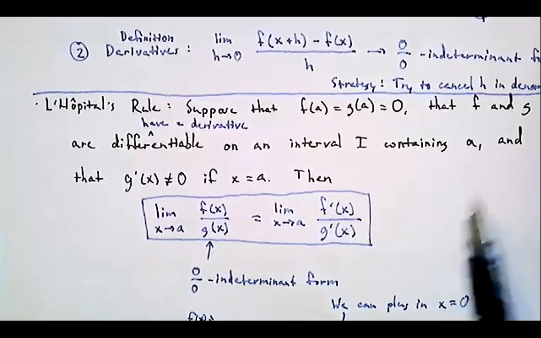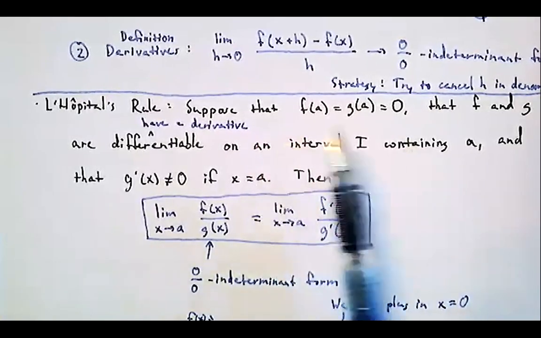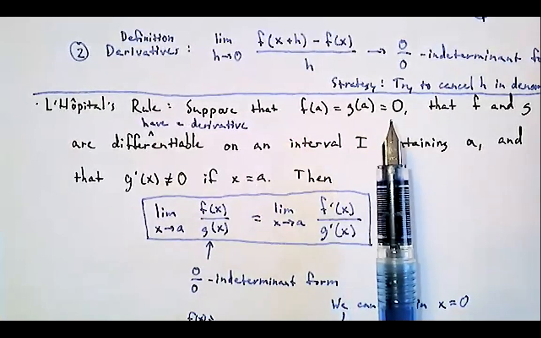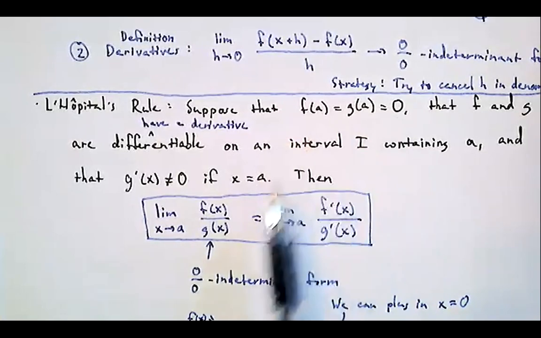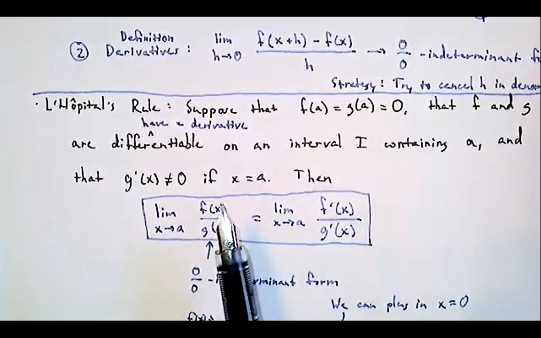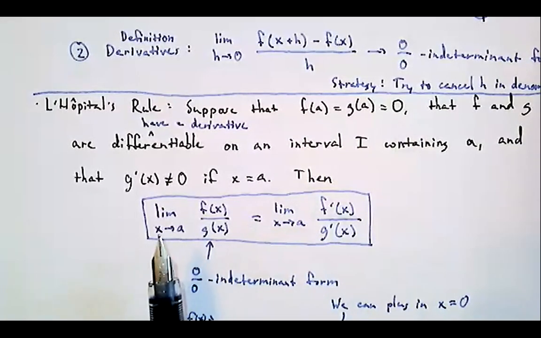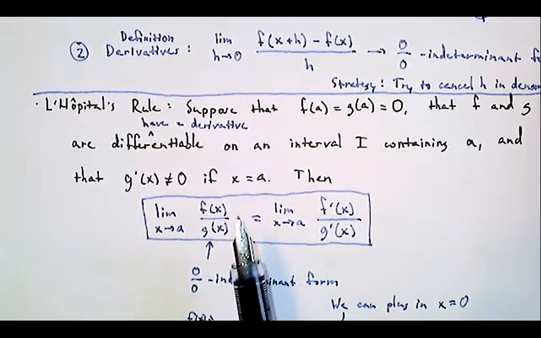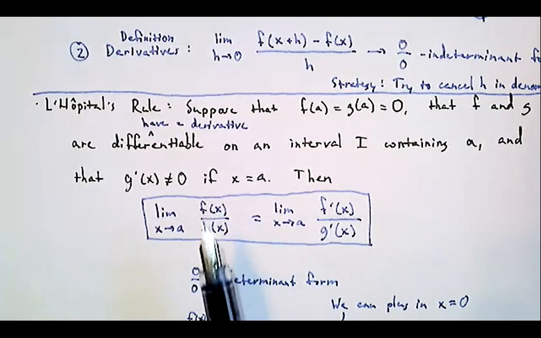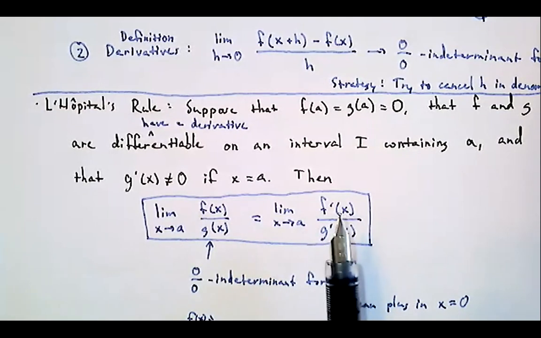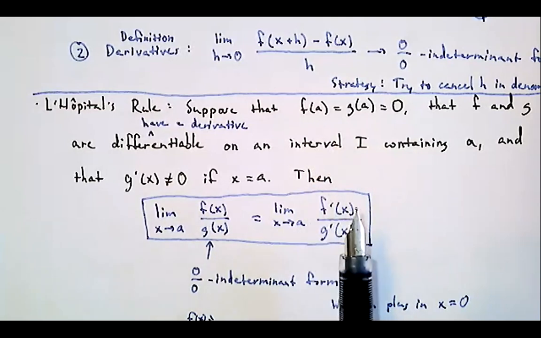Okay, so the idea here is that if you had one of these indeterminate forms 0 over 0, so your function value on the top and the bottom is both 0 if you plugged in x equals a, then instead of looking at the original limit, which is indeterminate, we can replace f and g with their own derivatives.